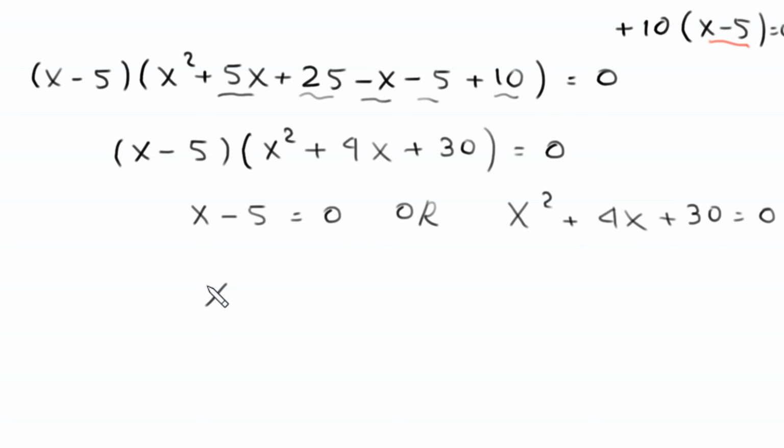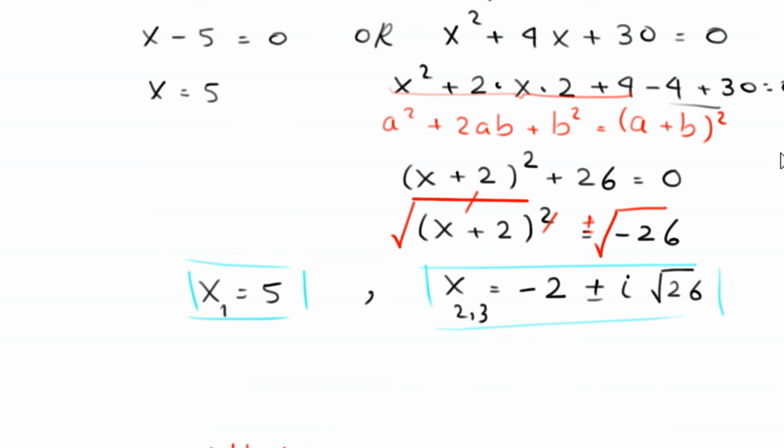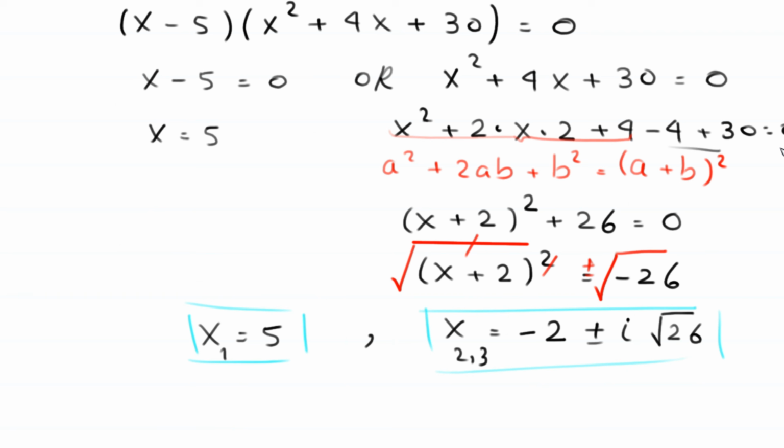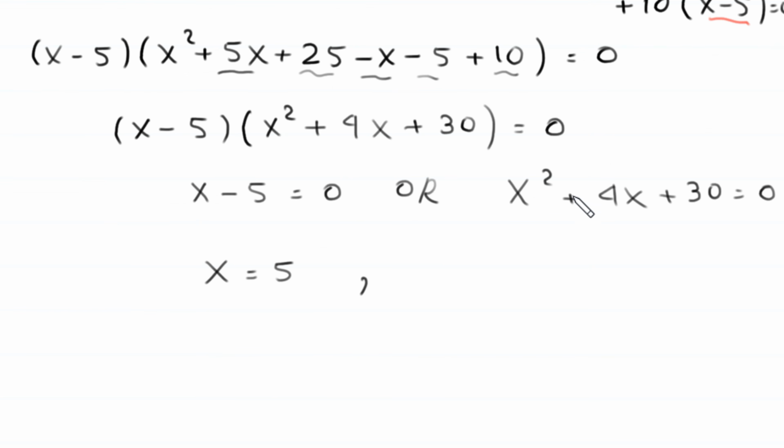From this equation we get the value of x equal to 5, and by solving this quadratic equation we have already found the solutions. By solving this equation we found that x is equal to negative 2 plus minus I times root 26.